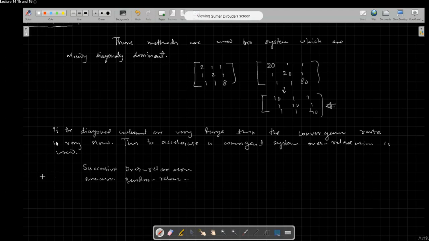And since we are using the Gauss-Seidel method, they are also called Gauss-Seidel successive over relaxation, GSSOR, and Gauss-Seidel successive under relaxation, GSSUR.